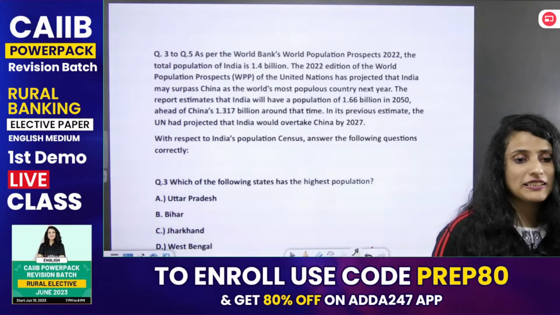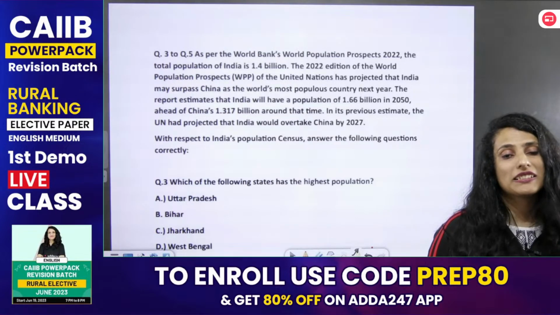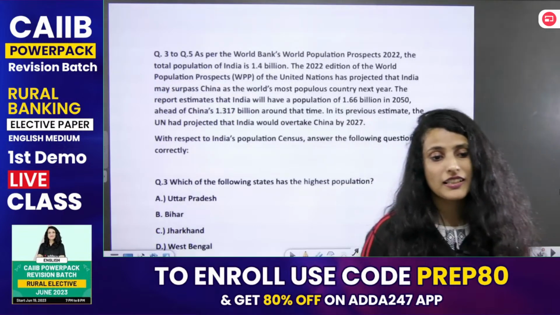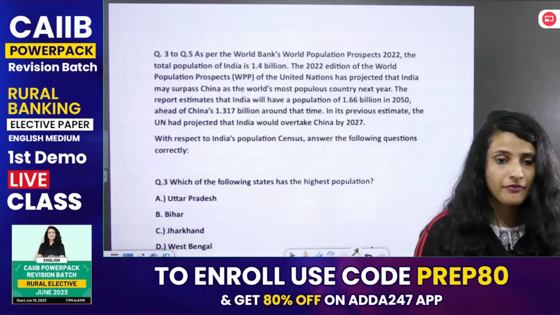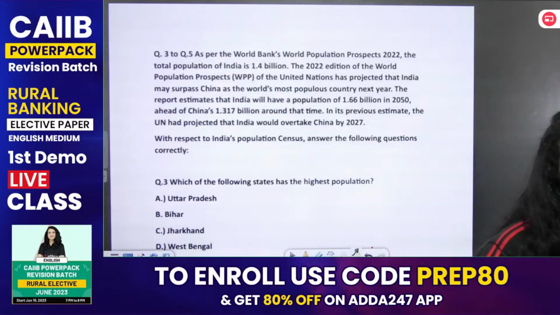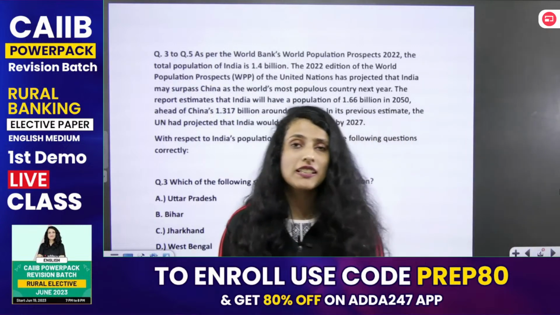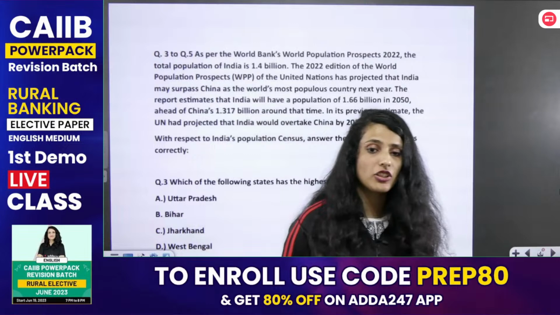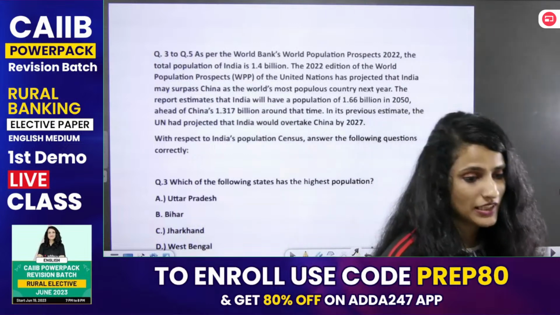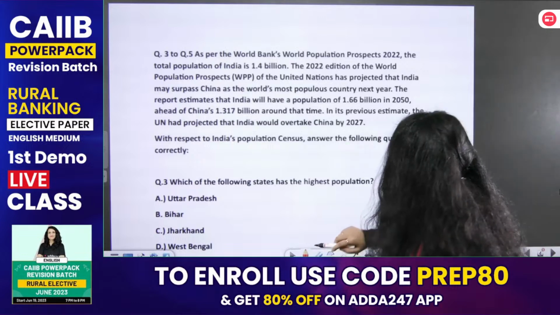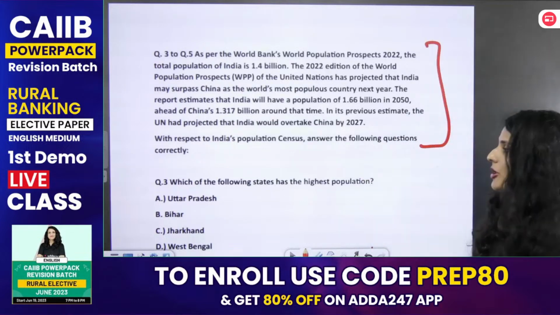The report estimates that India will have a population of 1.66 billion in 2050, ahead of China's 1.317 billion at that time. The UN had projected that India would overtake China in 2027, but we have already overtaken, Indian demography has already overtaken China in 2023. This is the present case scenario of the status of the Indian population.